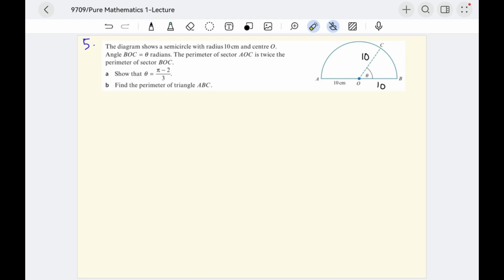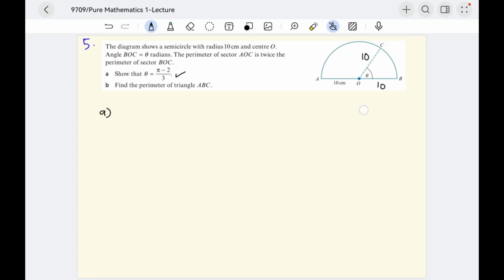Actually, these sentences give us the prompt to help you answer part A, since part A wants you to show that theta equals (pi minus 2) over 3. It is an exact value in terms of pi, so I believe theta is in radians. So how does it lead to this answer?